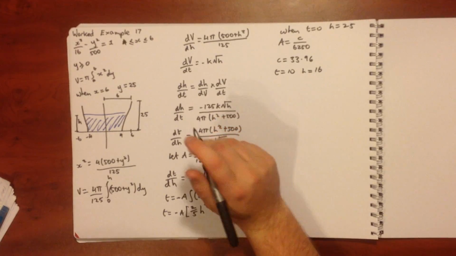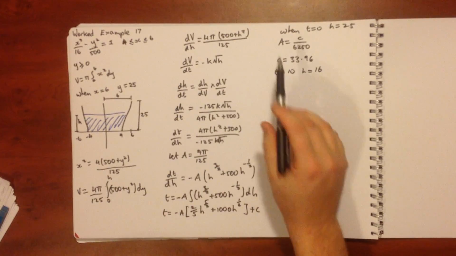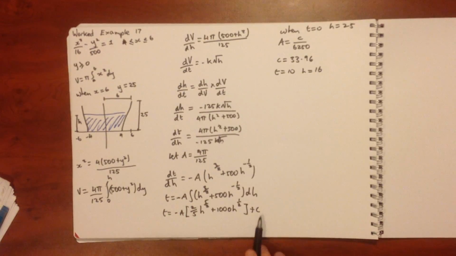What that means is we need to think about our height here. When our height is equal to 0, that means our vase is empty. If h is 0, then all of this in here is 0, times our a is 0.